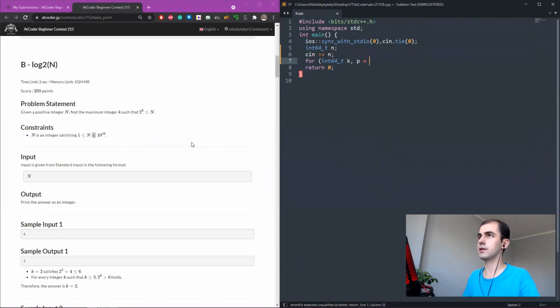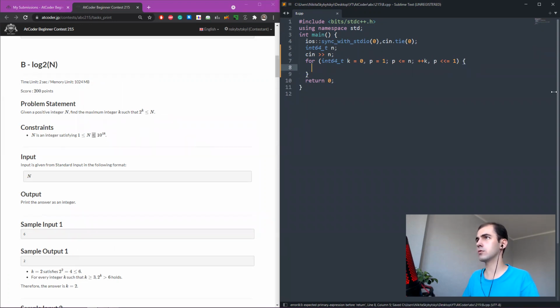So we have k, and let's call p the power of k. k starts from 0, power starts from 1. Power should be at most n. k gets increased, power gets multiplied by 2, which we can represent as a binary shift.